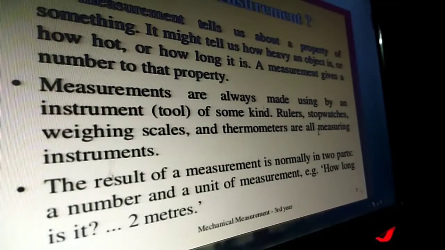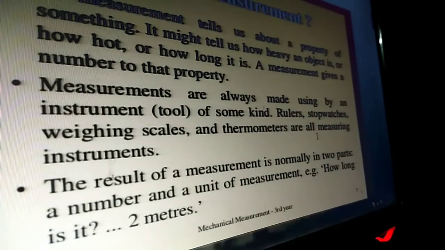Some are measured based on these independent measurements. Those are called dependent measurements, such as area and volume. These are derived using mathematical formulae and we can measure them.